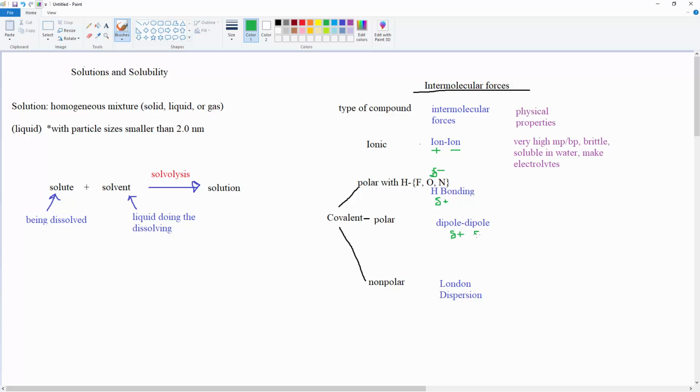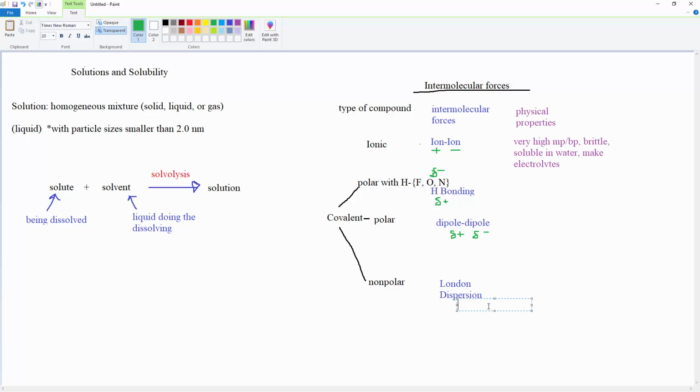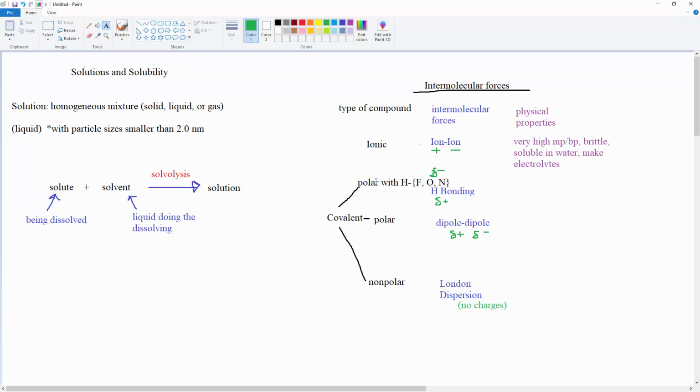The polar compounds also had partial positives and partial negatives that would also be attracted to the hydrogen bonding. And the London dispersion has no charges, no partial charges, no full charges, nothing that would make it attracted to the water at all.